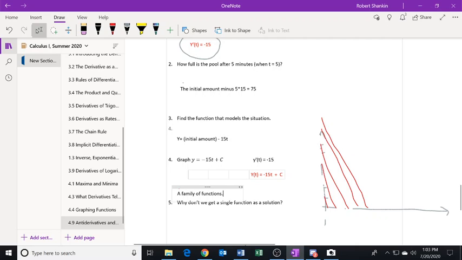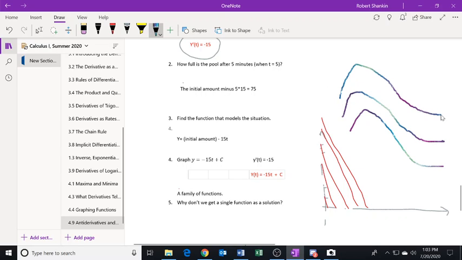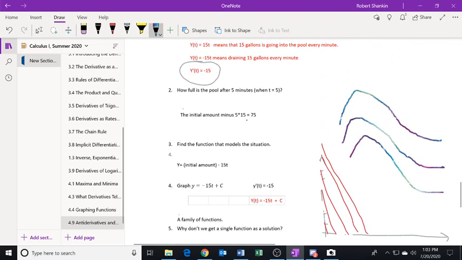The family of functions don't necessarily have to be straight lines. They could be squiggles. But if they were a squiggly curve, then the other ones would be just like it, but vertical shifts of it. That would be your family of functions. And then we eventually find out the initial condition is one of these, then all the rest goes away.